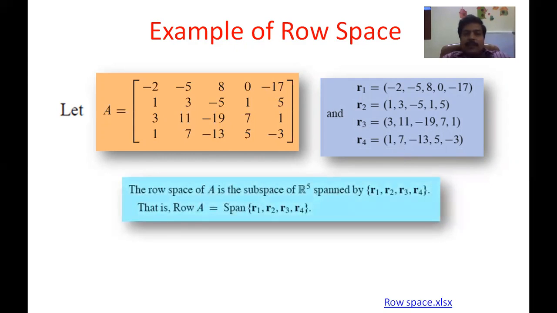Now the row space of A is nothing but the span of these 4 vectors R1, R2, R3, R4. You can observe that each of these vectors is a vector in R5 since there are 5 entries.